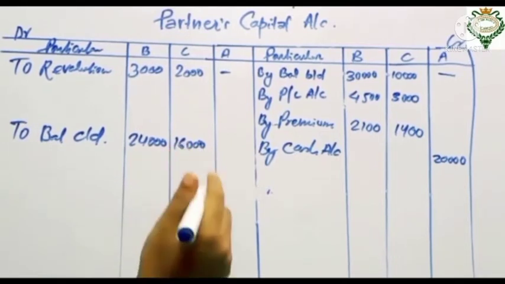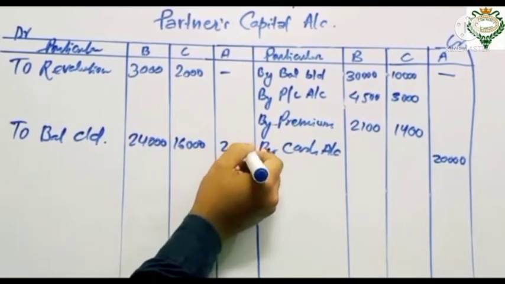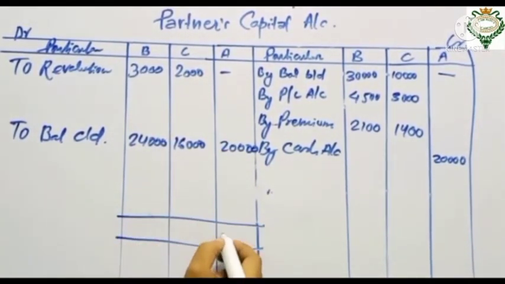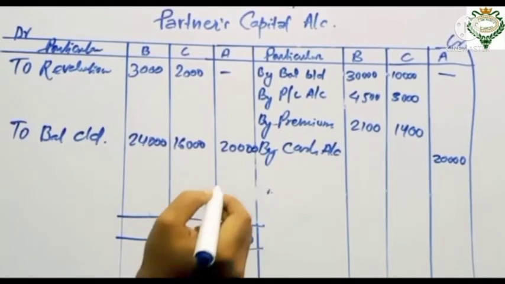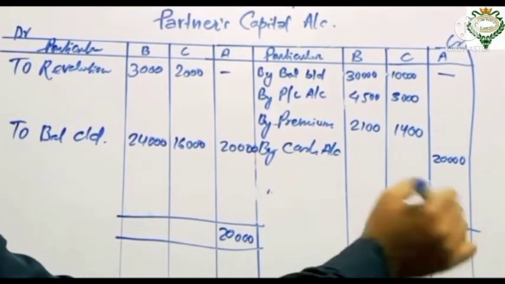Now what we have to do, we have to balance, and here 20,000. So here we will get 20,000 and here we will get 20,000. No doubt till now.